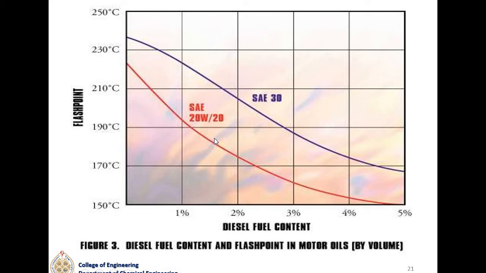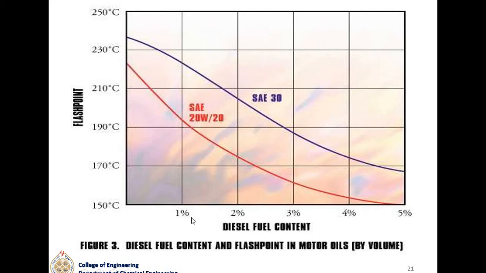The open cup is usually higher, and the closed cup is here. And here the closed cup gives us a good idea. Why? Because everything in a motor is closed, so this gives us a good indication of the flash point. Okay, so what is the flash point?